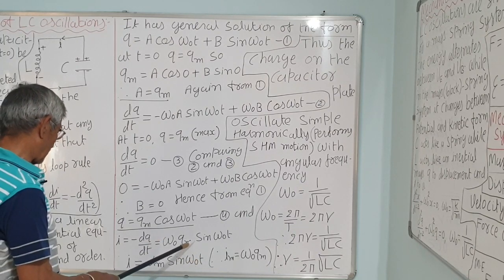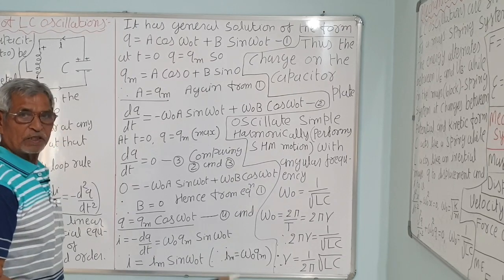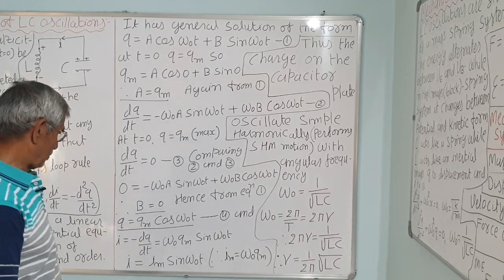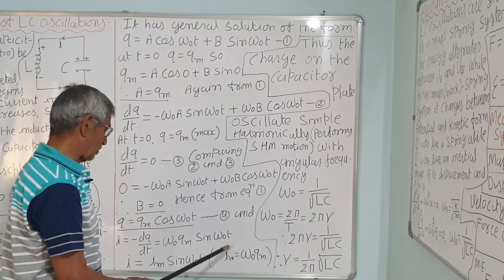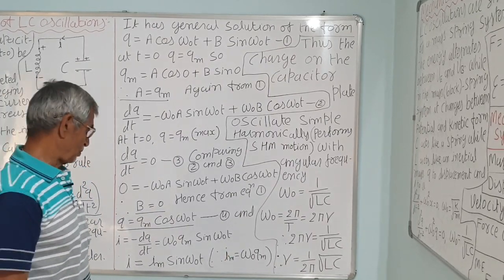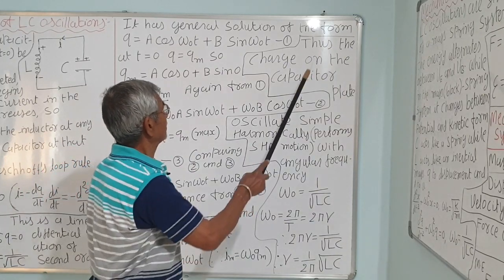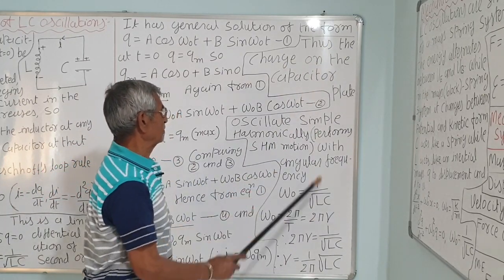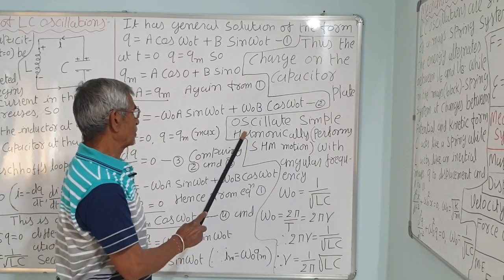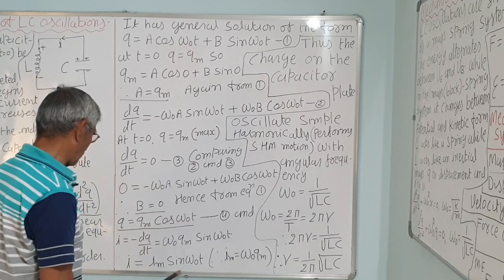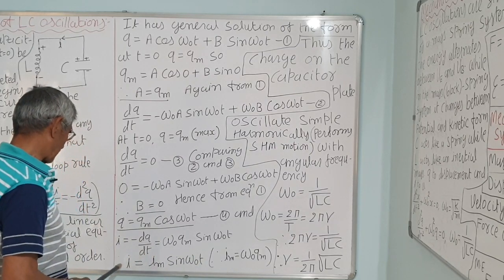This is the maximum current. In some books it is written I0, here it is small Im. You can use any symbol. So Im, the maximum current, is omega 0 Qm, angular frequency times maximum charge. Thus the charge on the capacitor plate oscillates in simple harmonic motion. This is the sinusoidal equation of simple harmonic motion.